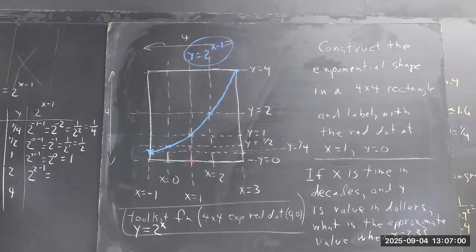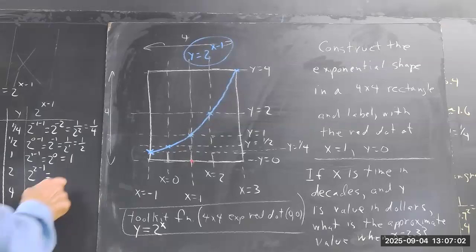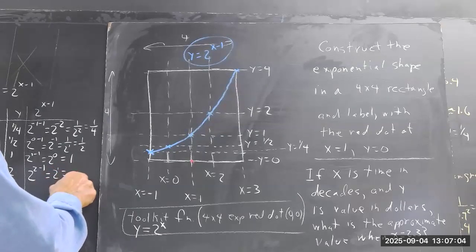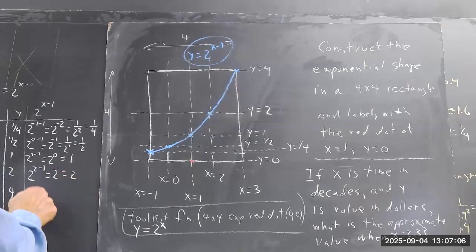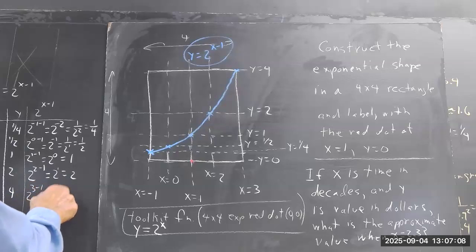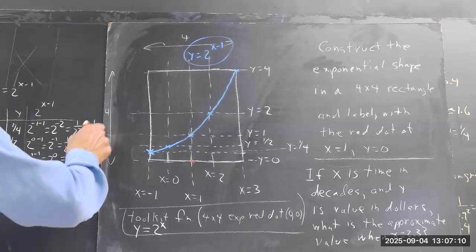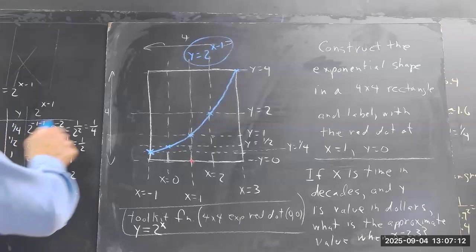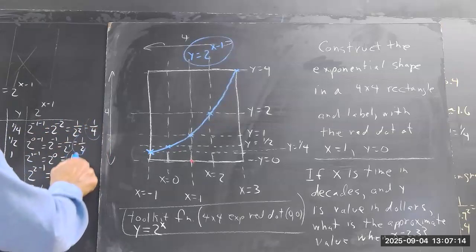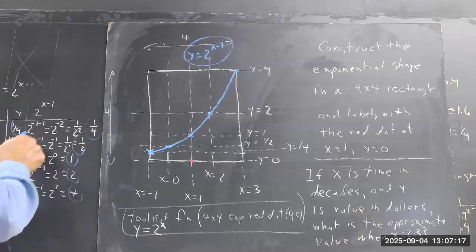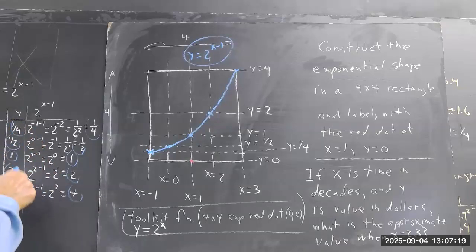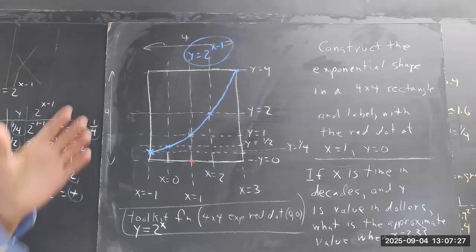Okay. Then when x equals 2, we put in 2, we get 2 to the 2 minus 1, which is 2 to the 1, which is 2. And then 2 to the 3 minus 1, which is 2 to the 2nd, which is 4. And these numbers exactly match these numbers that we got before we knew anything about numbers. Okay? And that should be kind of astounding if you think about it, but maybe not.